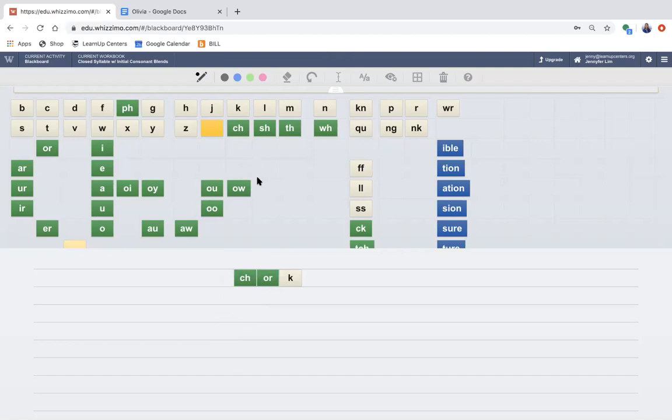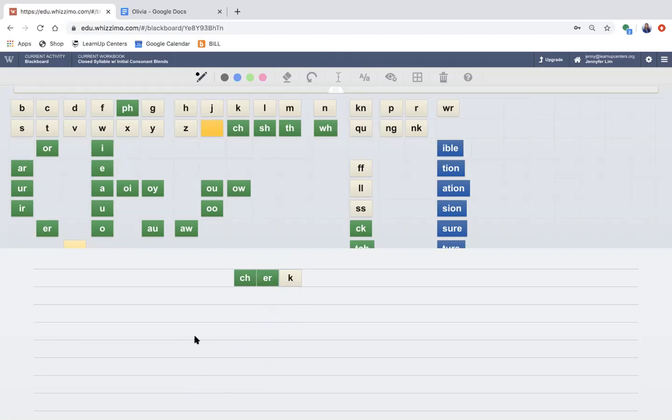Chork. Good job. Next word I want is chark. You take out the OR and put in AR. Good job. Next word I want is chirk. We take out the AR and put in ER. Good job.